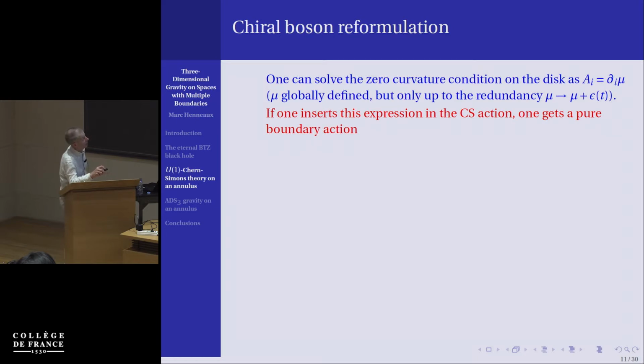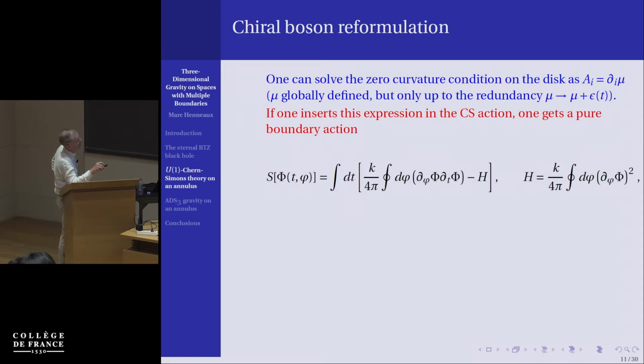So if I do that, if I reinsert that expression for A_i in the Chern-Simons action, I can integrate over r, so I will get a pure two-dimensional action depending on t and phi, so a boundary action.